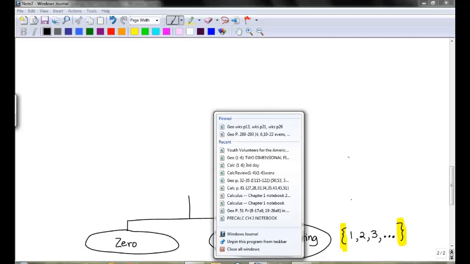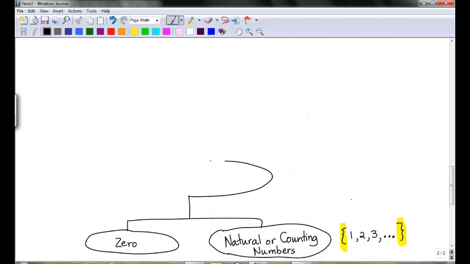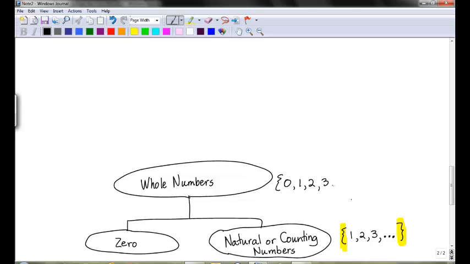That is the set of whole numbers. Whole numbers are the set 0, 1, 2, 3, and so on. The 3 dots shows that it continues on. 0 is a whole number. 0 is not a natural number.